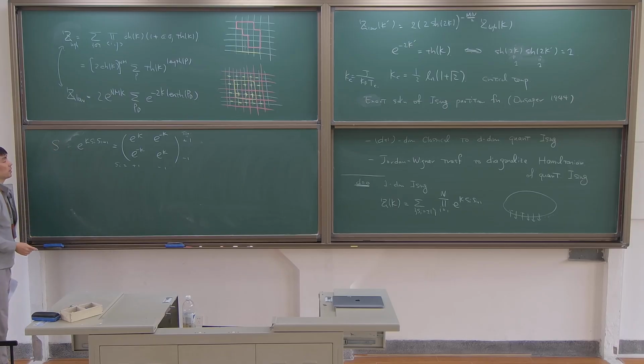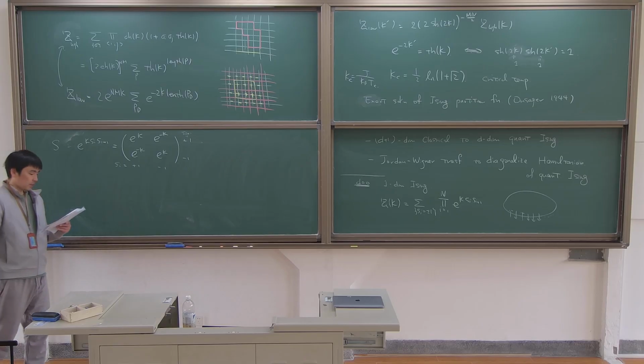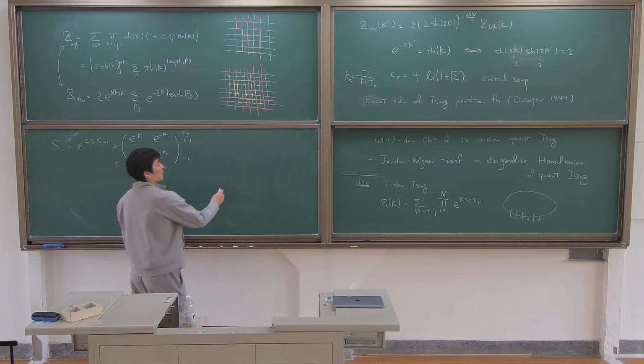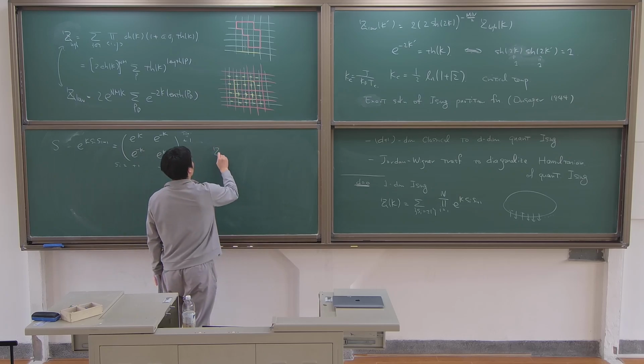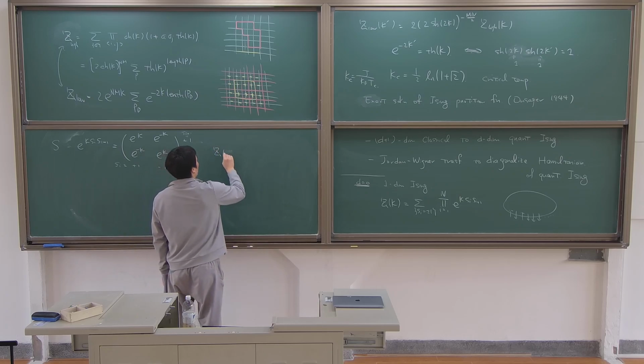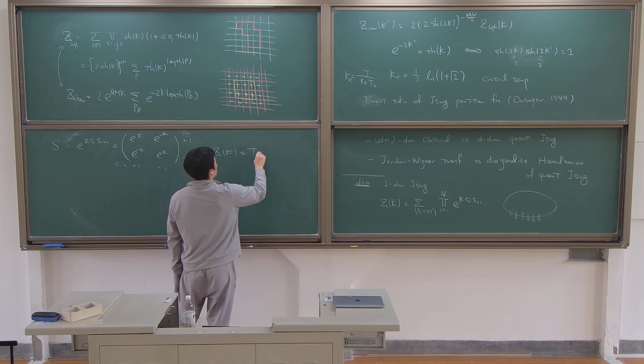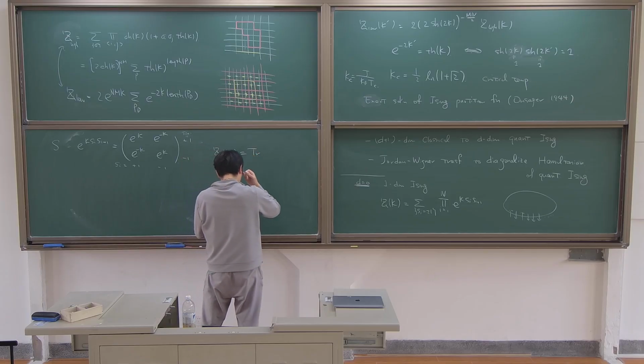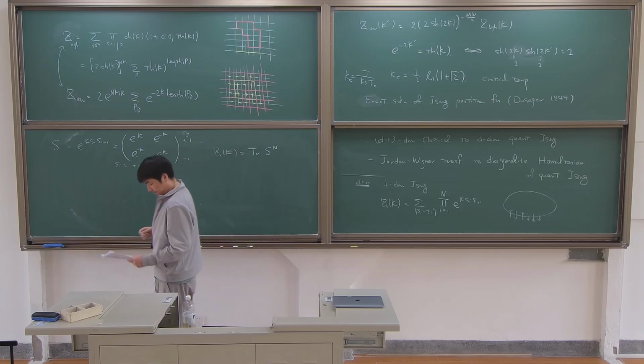So this can be understood as capital S. And so therefore, in this case, the Z of K can be understood as the trace of S to the N.